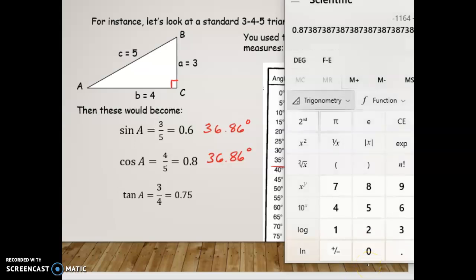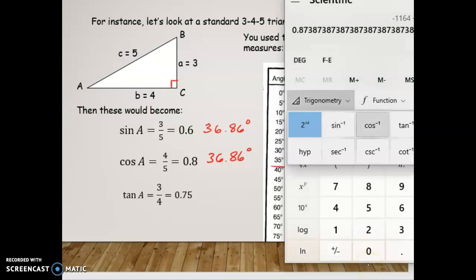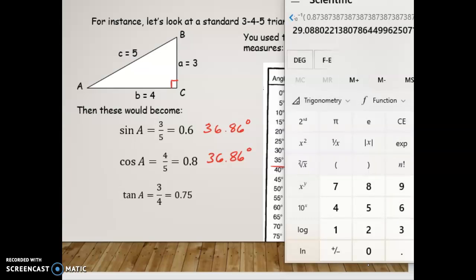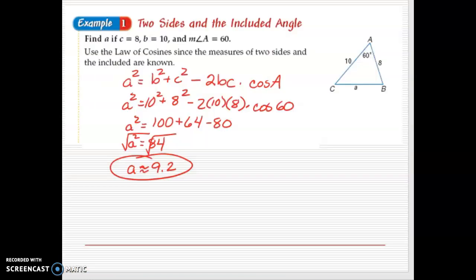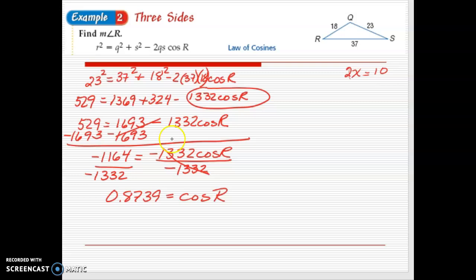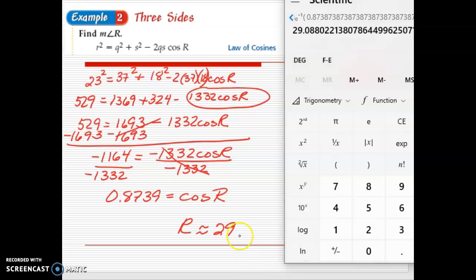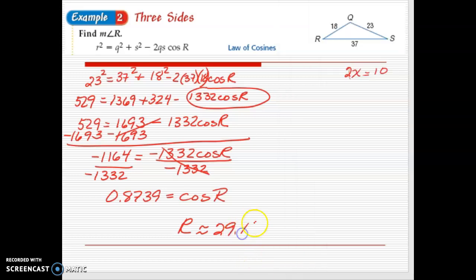So you're going to hit your inverse cosine, and it's going to tell me it's 29 degrees. Okay. So if my cosine r is that, then my angle r is roughly about 29.1 degrees.